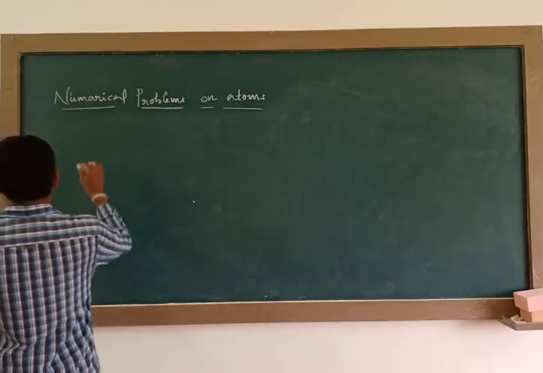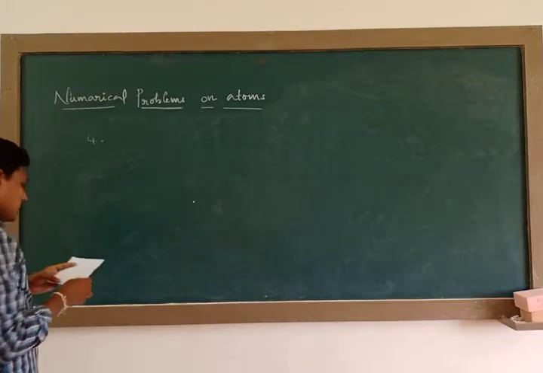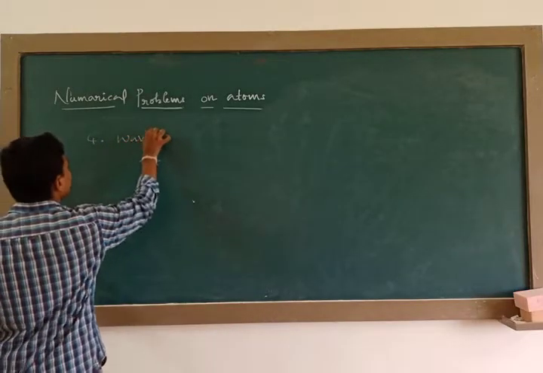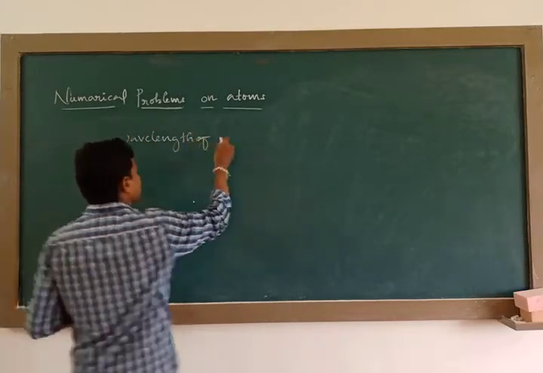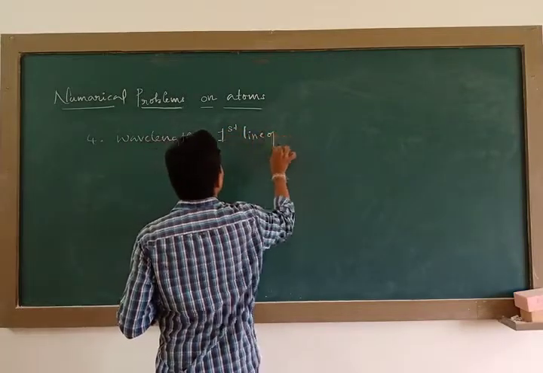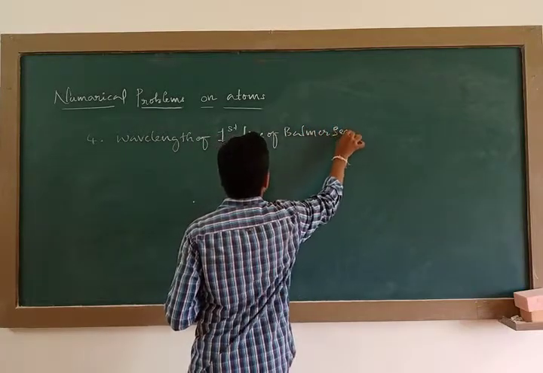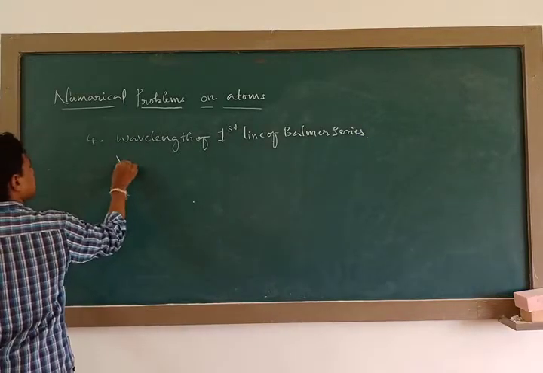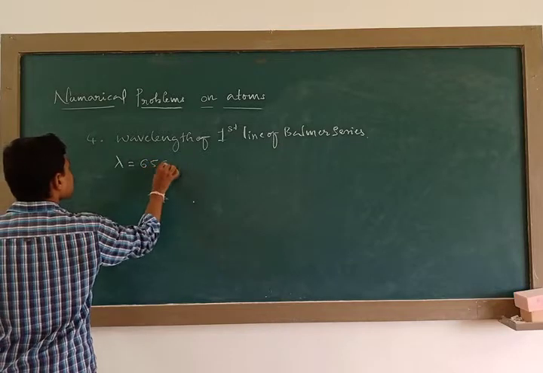Third numerical is completed just now. Fourth one: the wavelength of the first line of Balmer series. They have given the wavelength of the first line of Balmer series, lambda is equal to 6563 angstrom.